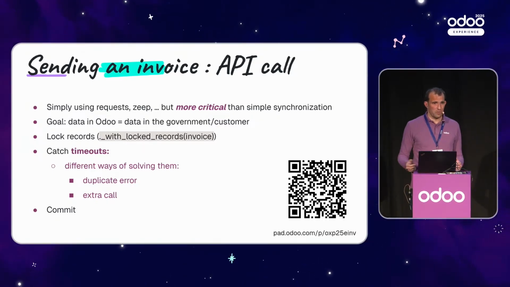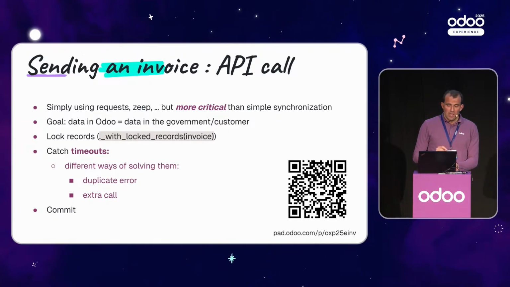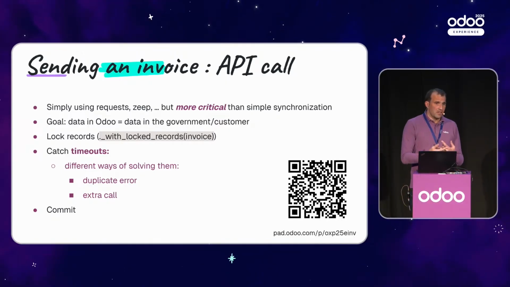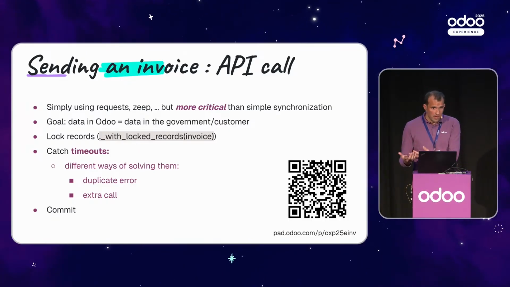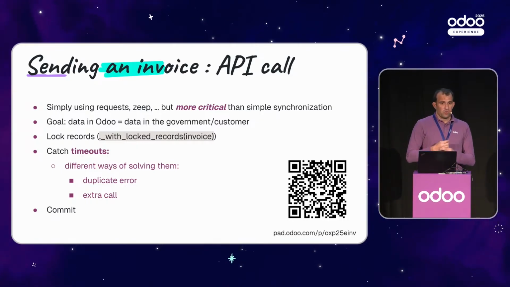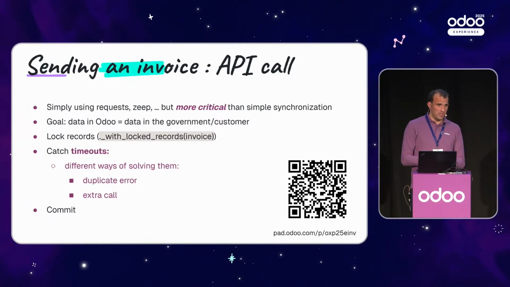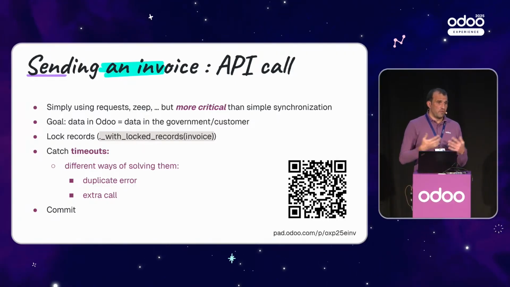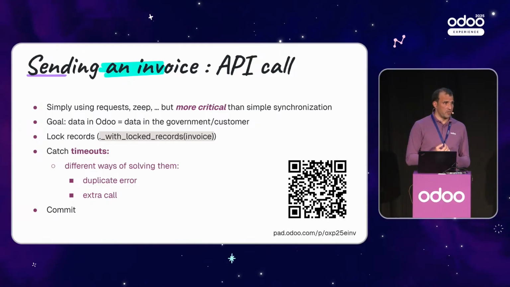You don't know that it was okay. But you do know that you had a timeout exception, and then you can take some actions. Some APIs have an endpoint where you can check if the invoice was received correctly or not. Or if you try to send that same invoice, it will give an error.